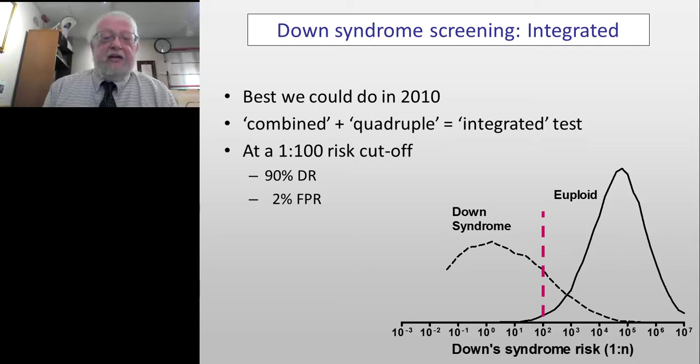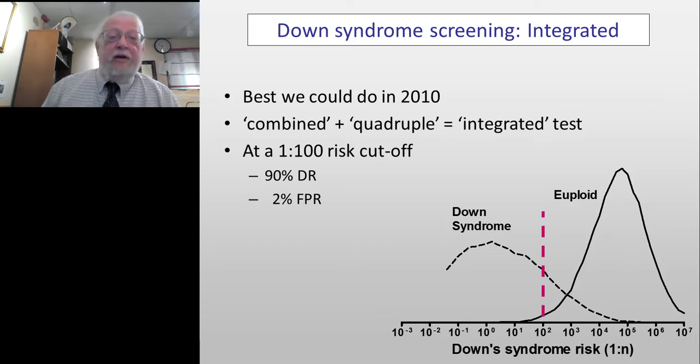The best screening test available back in 2010 was a combination of first trimester tests like nuchal translucency, PAPP-A, and free beta, added to the quadruple test in the second trimester, which is AFP, uE3, hCG, and inhibin, which creates what's called the integrated or sequential test.